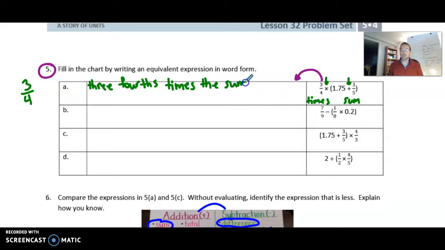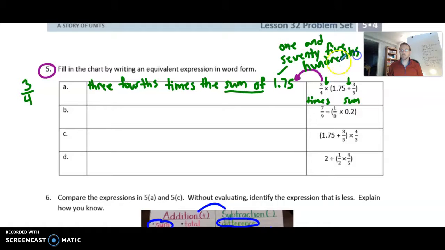Remember, sum is the answer to an addition problem. So the sum of, now don't get confused about sum immediately talking about multiplying. This is the sum of, they're linked together. The sum of, and we could simply write 1 and 75/100ths, or off to the side do 1 and 75 hundredths.